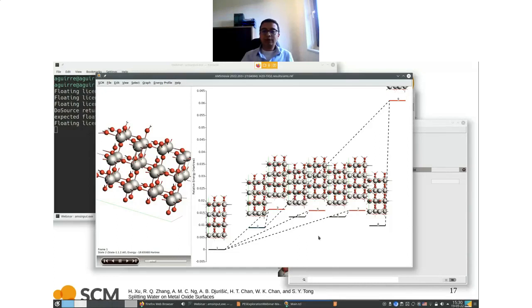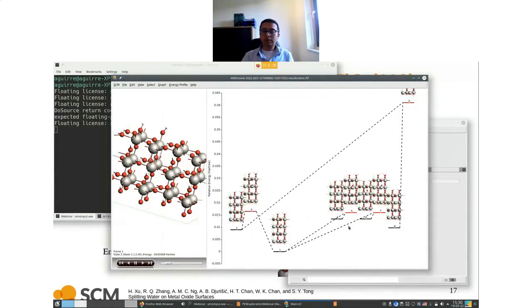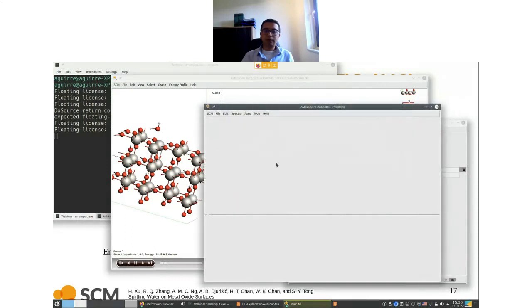And you have a lot of different local minima around. So you can, for example, organize a little bit the energy landscape. You can play around with that. You can, for example, also check the vibrational spectrum for that particular state.